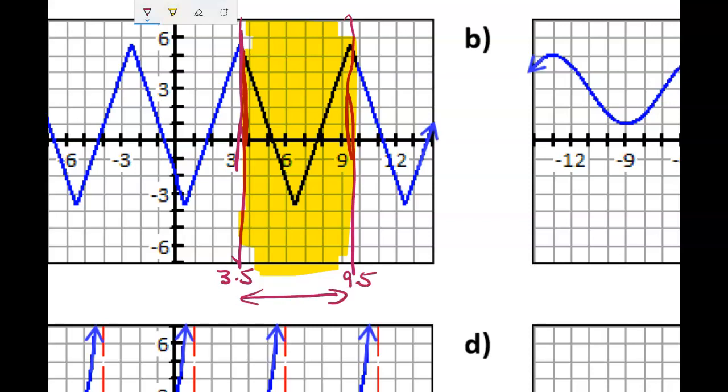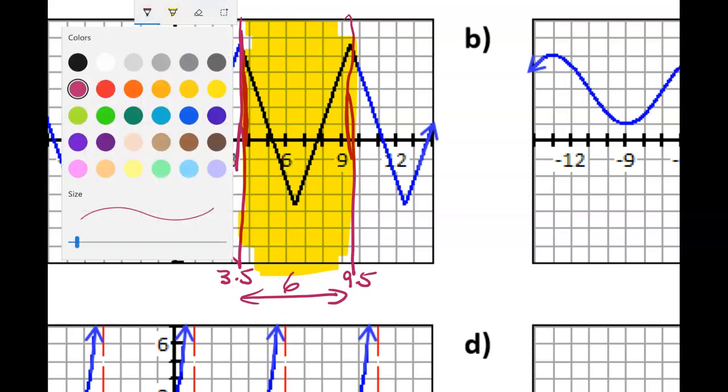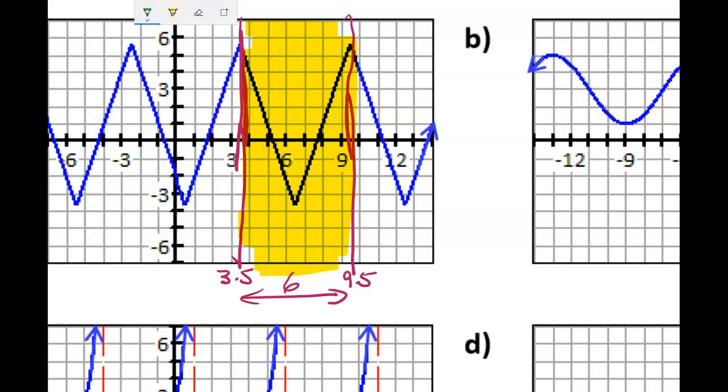So the length of the cycle then is 6. You can do this in some other ways, marking off some other points here. If you wanted to start your cycle right here in the middle and then travel through the cycle this way, that would have us starting here at -4 and ending at 2, which is still a cycle length of 6. So what we're going to say on this one is the period is equal to 6.